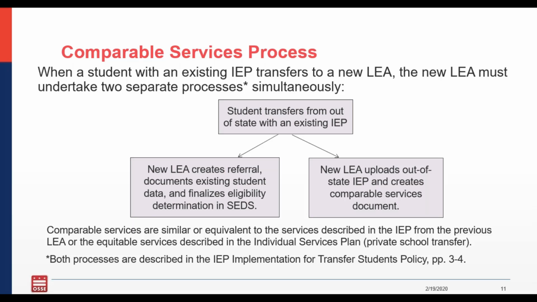They're going to do an eligibility determination in SED and also upload the out-of-state IEP document and create a comparable services document. So that's what I'll be showing you, those specific screens in SED to document this information.